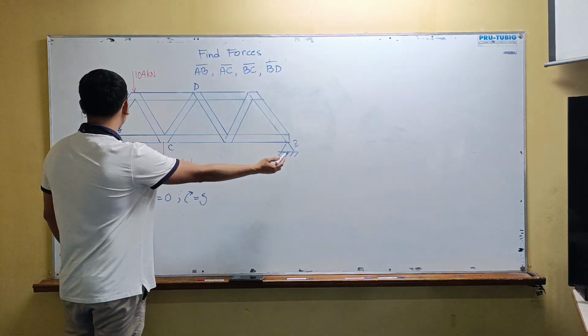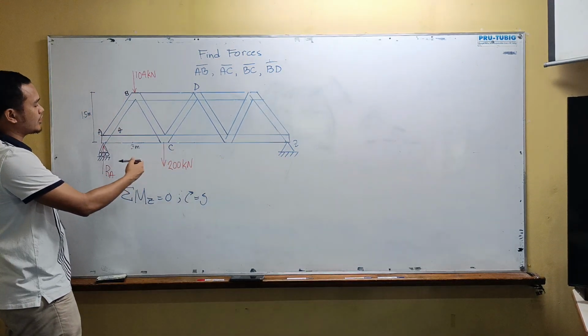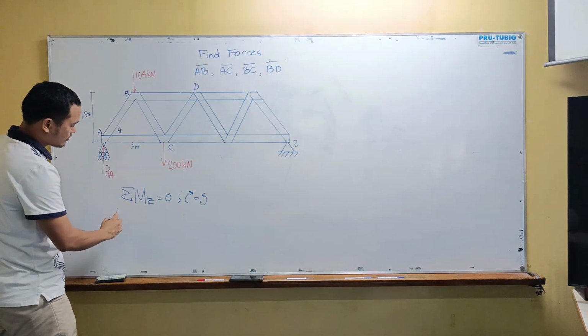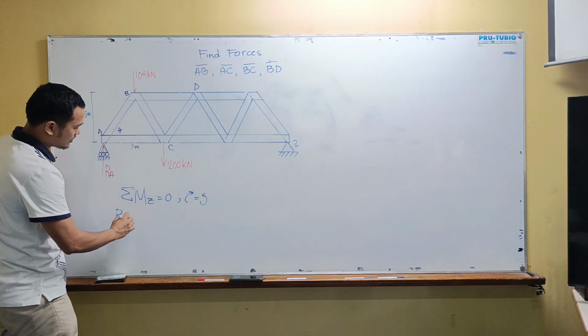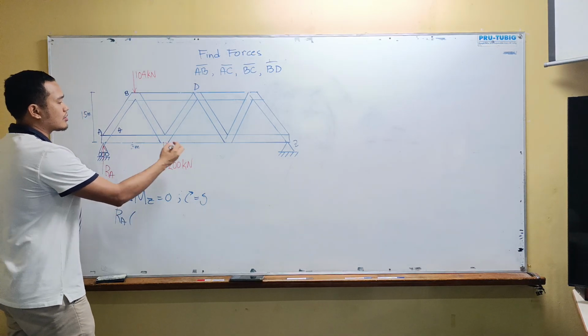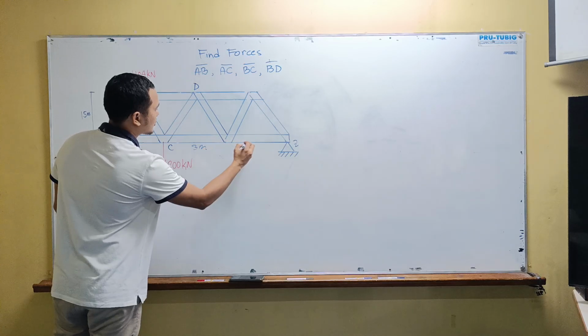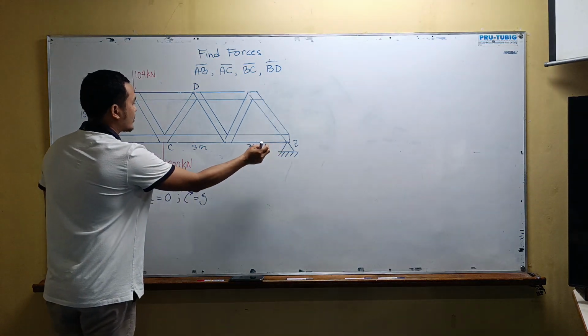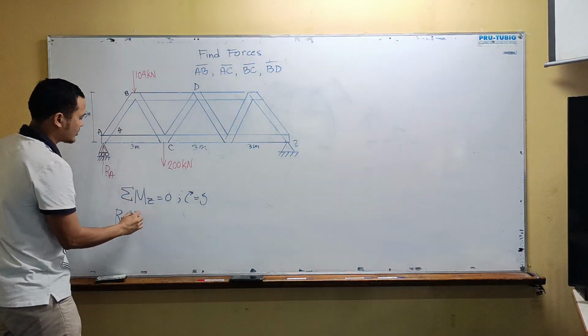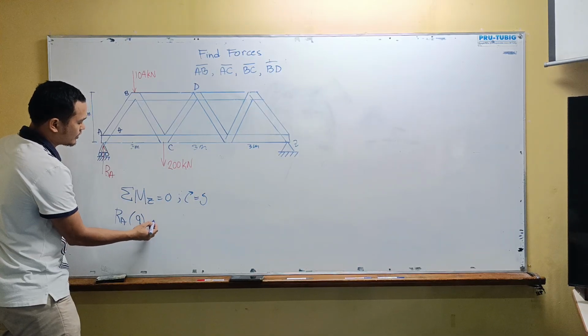The force that causes clockwise rotation is RA, and then don't forget the distance. This is 3 meters, and then 3 meters. So that's 3 plus 3, 6, plus 3 is 9. So RA times 9.